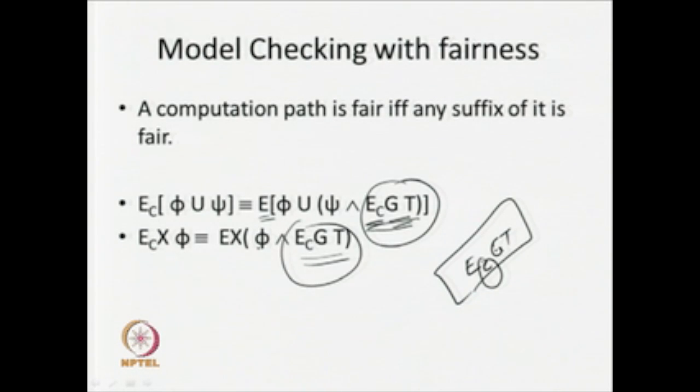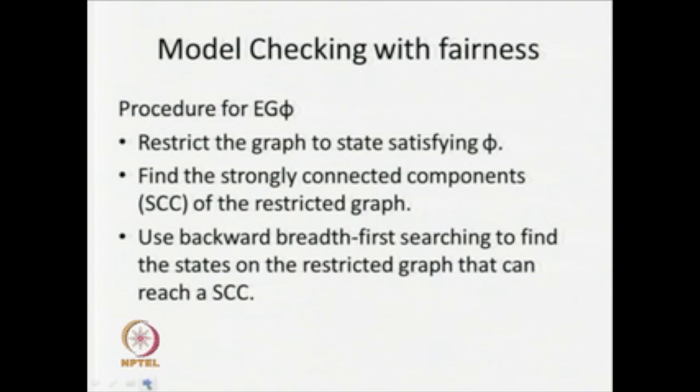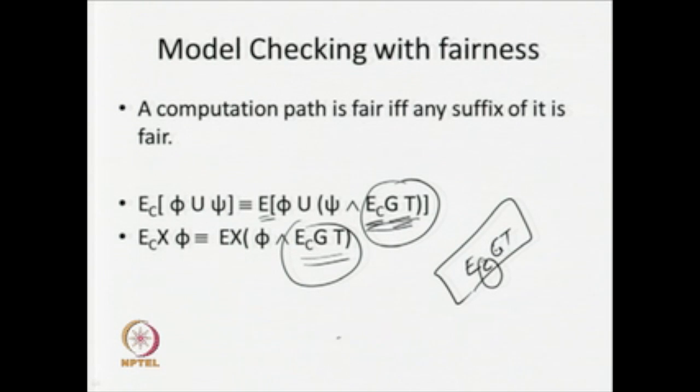That means, eventually we will find that we need a procedure for either E G T, EC G T or AC G T. These are very similar. So, basically what happens? We need the procedure for either EC G phi or AC G phi.